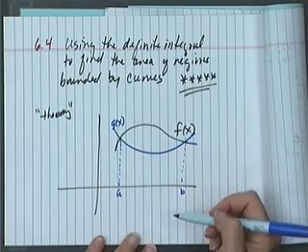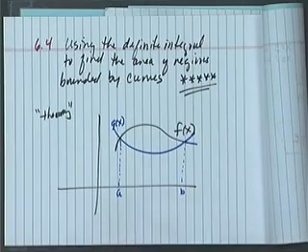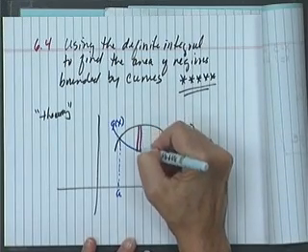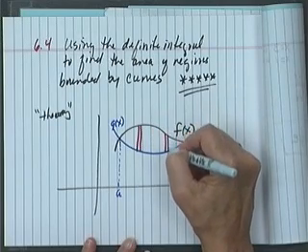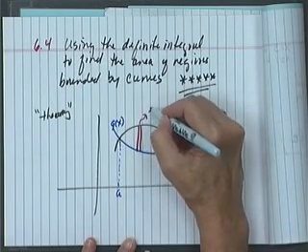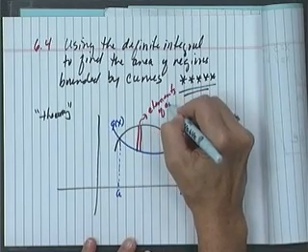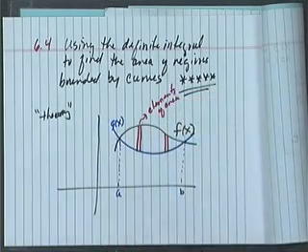So we find out where they intersect, and then you say, I need to sum up all the little rectangles that I can put in here. And these are my little elements of area, which are just little rectangles, because I'm always looking to see what curve is on top and what curve is on bottom.